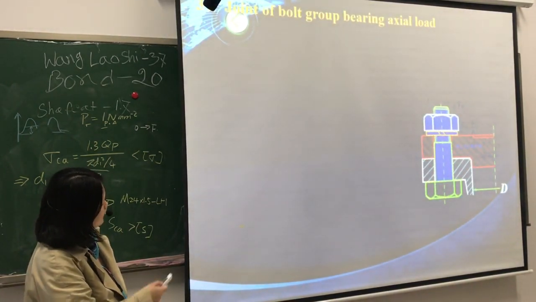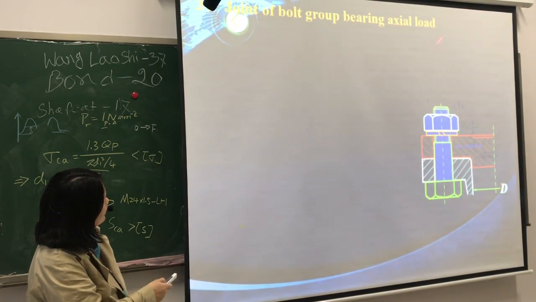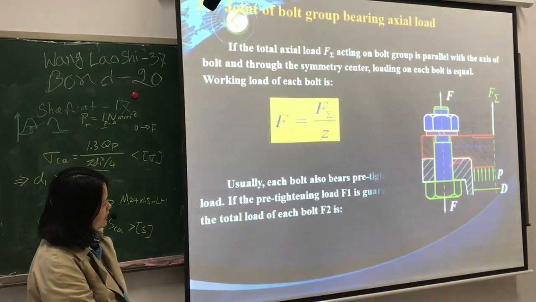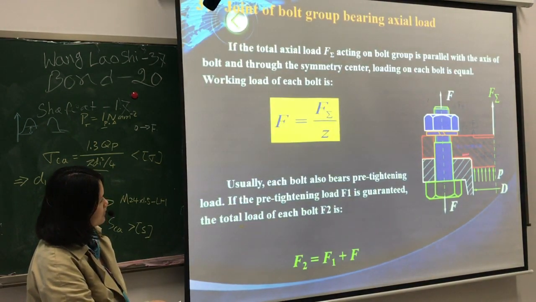And this is for the bolt group bearing axial load. We have calculated this condition. F is F epsilon over Z, Z is the number of bolts.